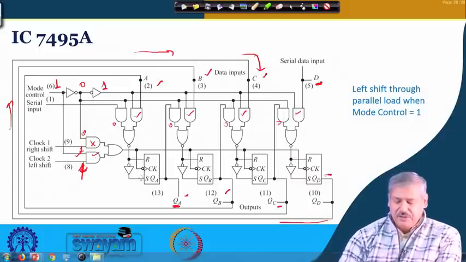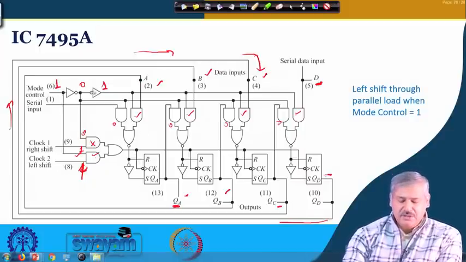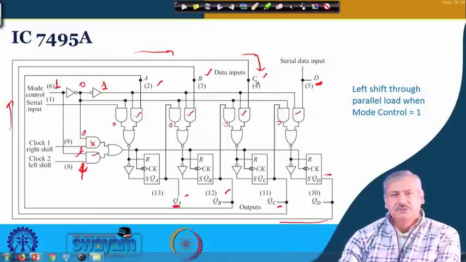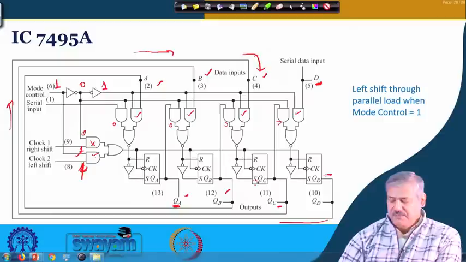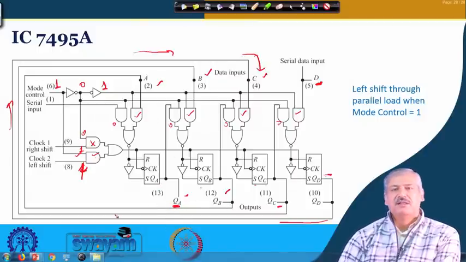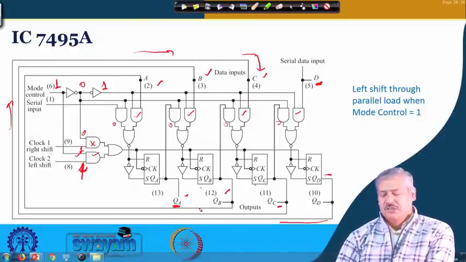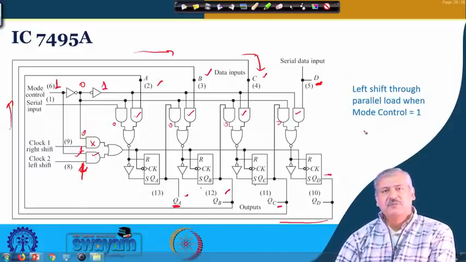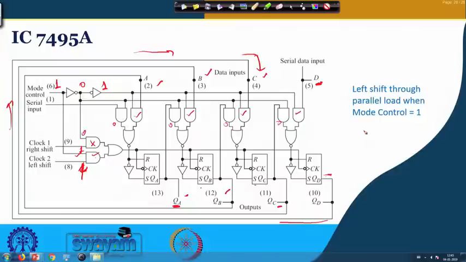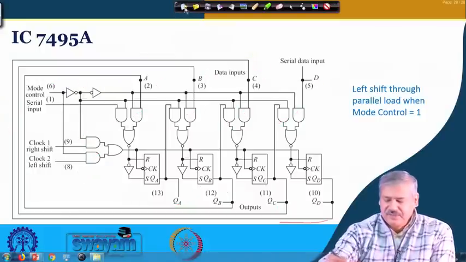At that time QD is getting loaded through C to flip flop C. QC is getting loaded through B to flip flop B, and QB to flip flop A, and QA is available as the final output, okay. So, this is the way the left shift operation takes place, okay. It is not built in, but it works in that manner, okay.